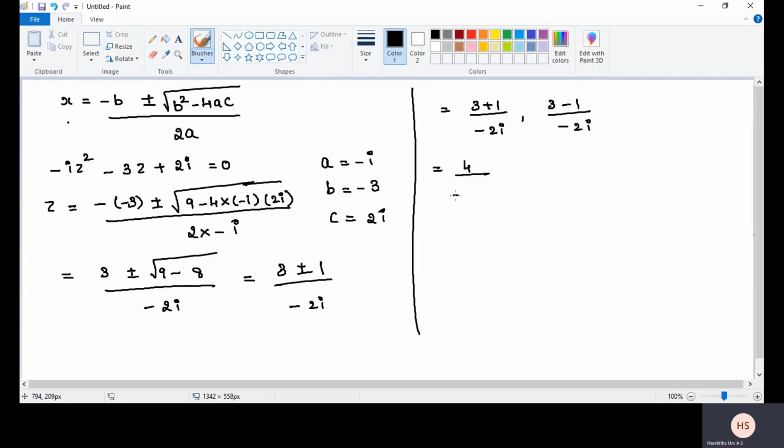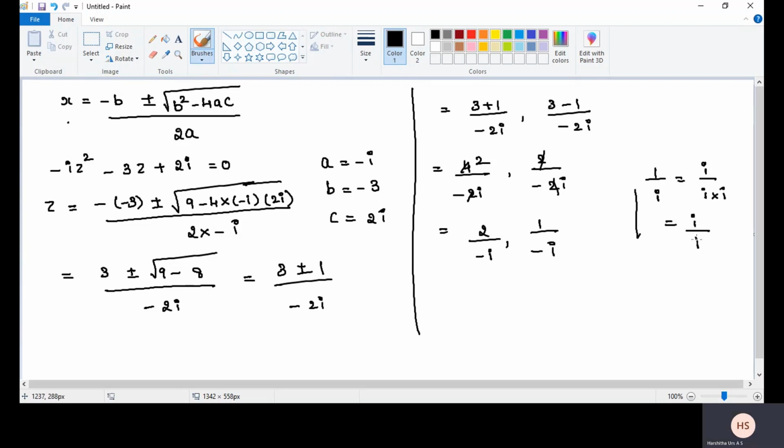So 4 divided by minus 2i, 2 divided by minus 2i. So 2 divided by minus i, 2 will get cancelled, 1 divided by minus i. When 1 by i is there, multiply and divide by i. So i divided by i square.